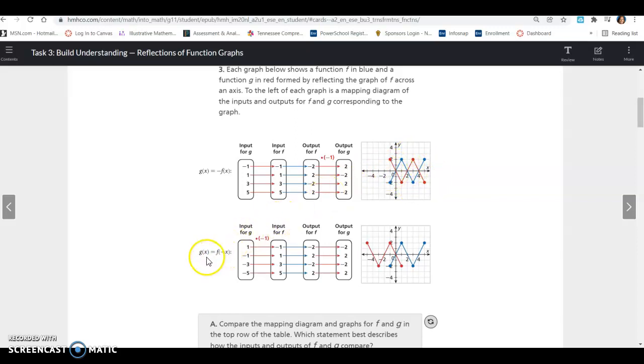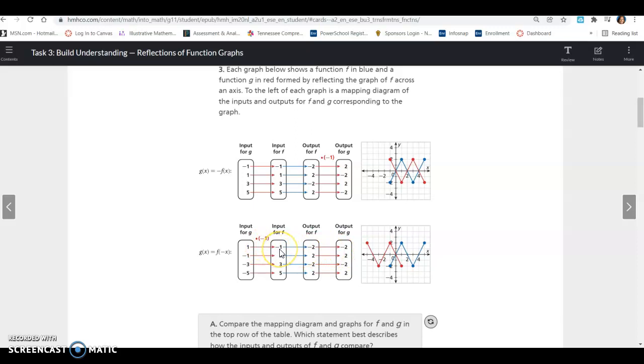Alright, now g of x equals f times negative x, and that's in parentheses again. So that's going to change my input value, because remember my input is my x value. Alright, so I have 1 times negative 1 equals negative 1. So these are different. And then in this case my outputs are the same.